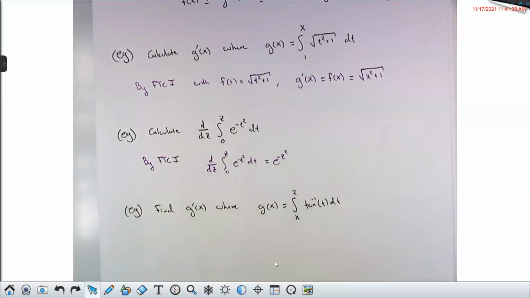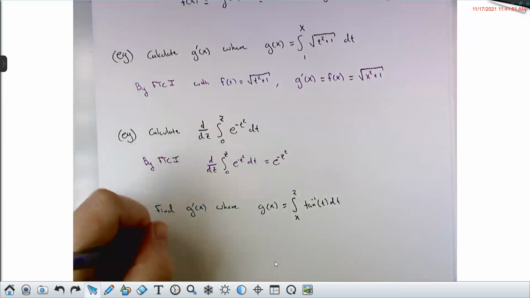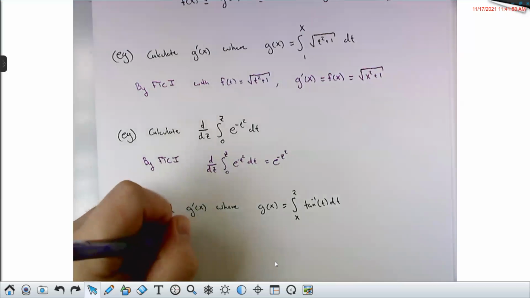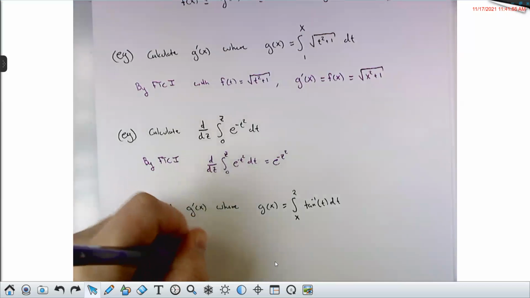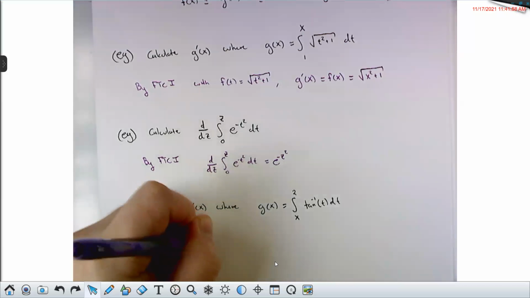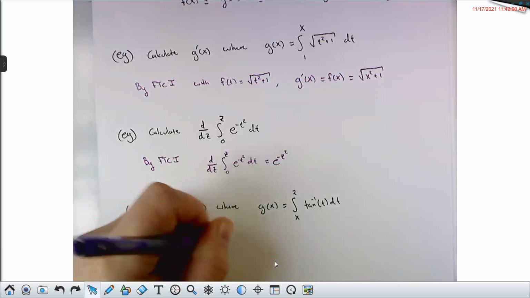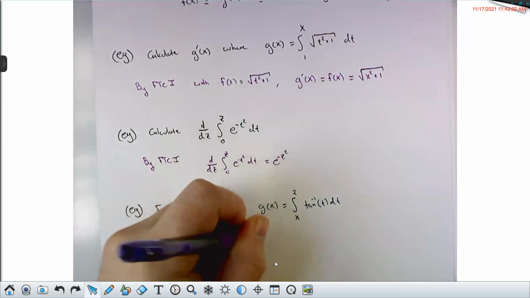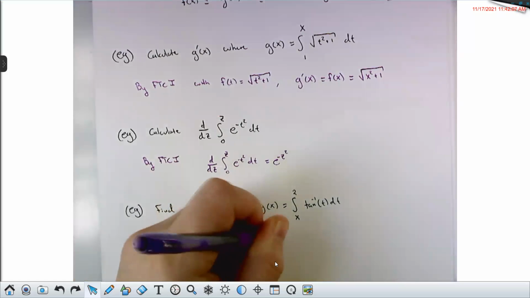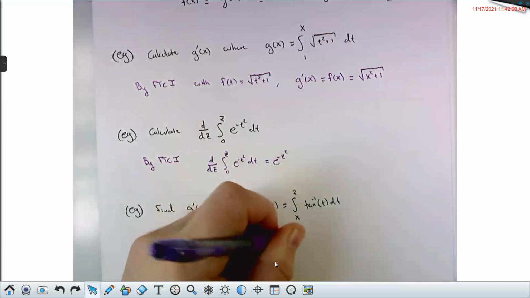So this isn't quite ready for FTC1 yet. g of x is equal to minus the integral from 2 to x. So first I rewrite the integral from x to 2 of the inverse tangent of t dt as negative integral from 2 to x of the inverse tangent of t dt.